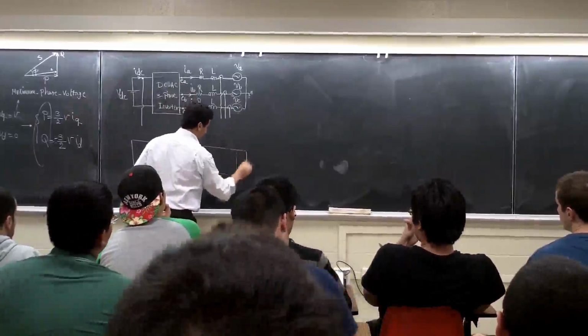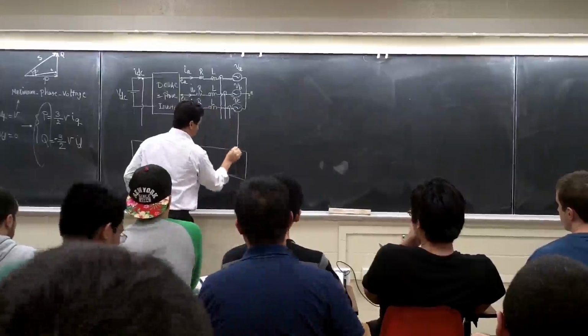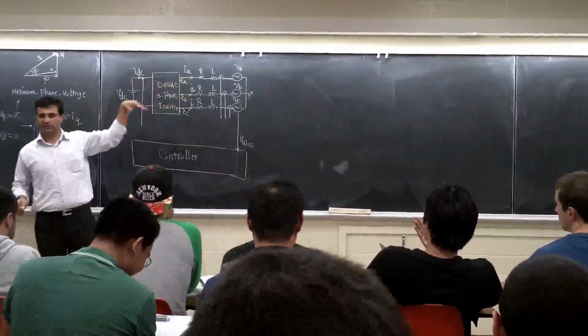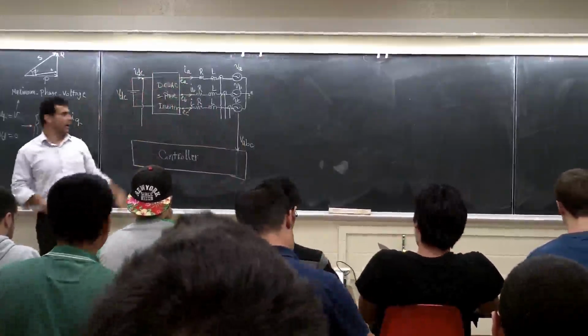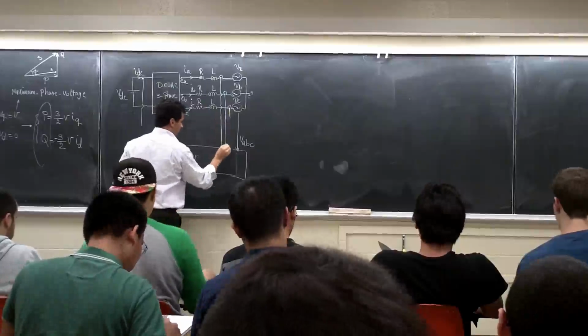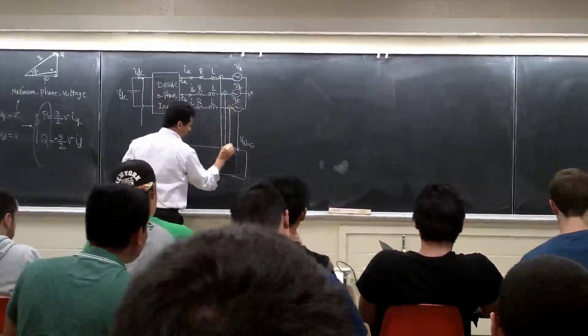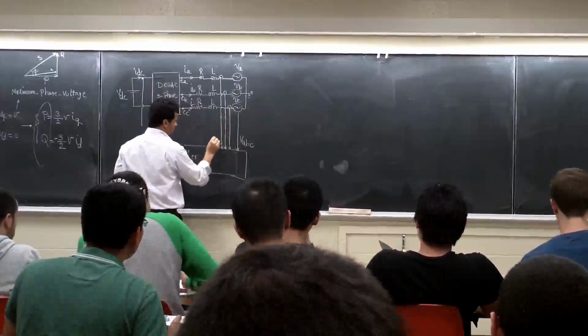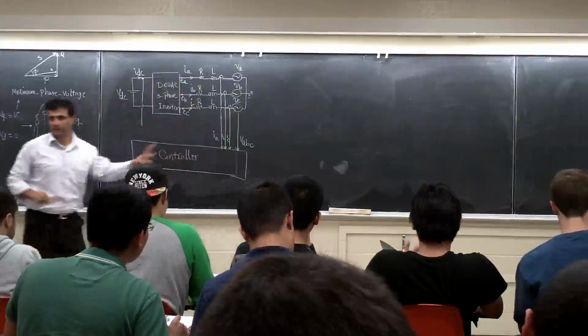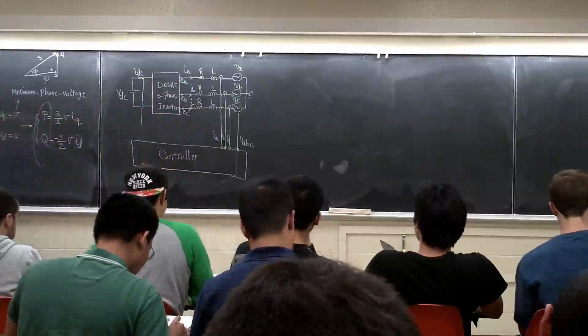But we're not going to talk about PLL. You bring VABC, I mean, you can bring VA, VB, VC. In this course we care about the current more, because we're not going to work on the PLL, so we don't need VABC. IA, IB, IC are coming here into my control box, right?